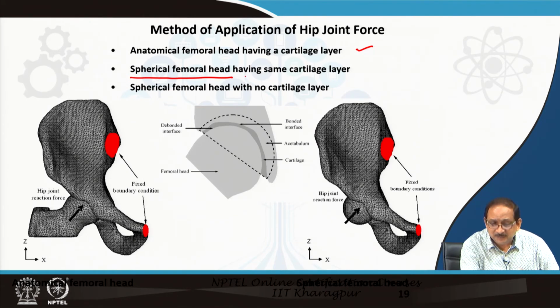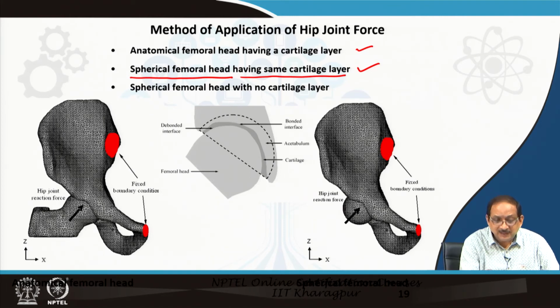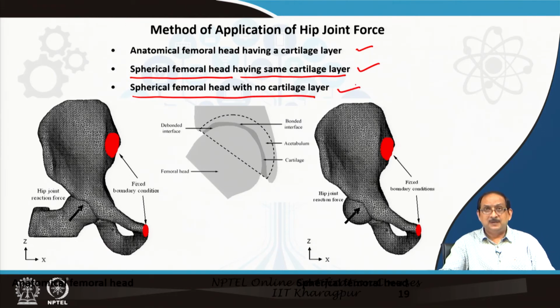So, the spherical femoral head having the same cartilage layer was used for a second model, and the third model had a spherical femoral head with no cartilage as indicated in these 2 figures.